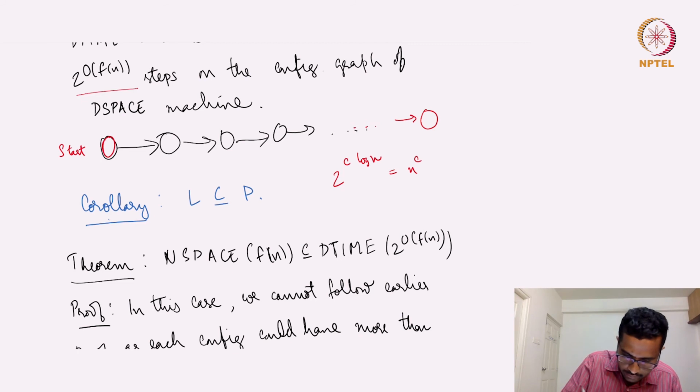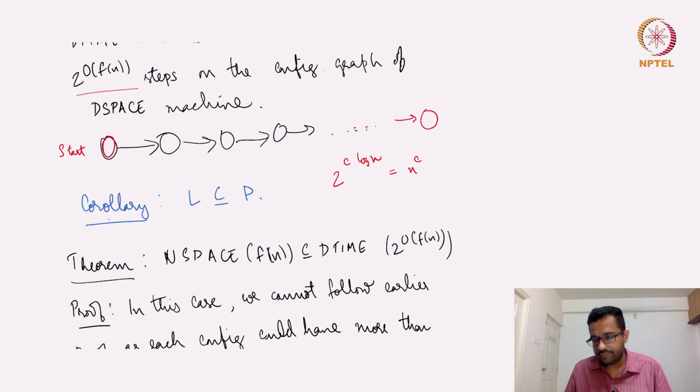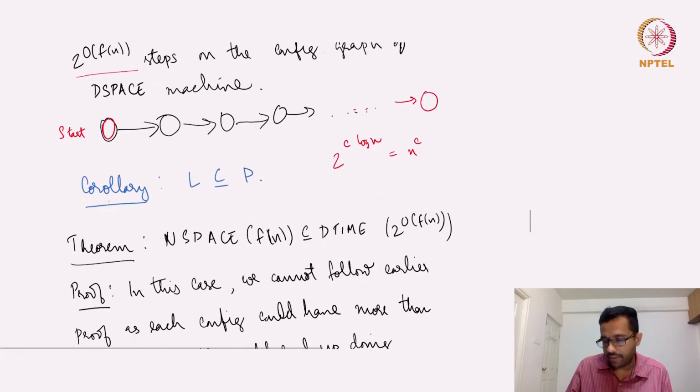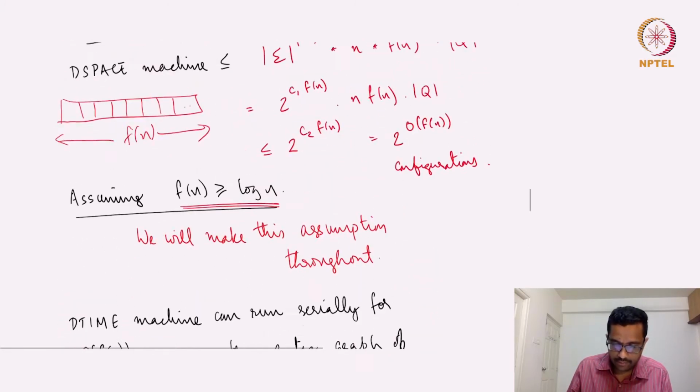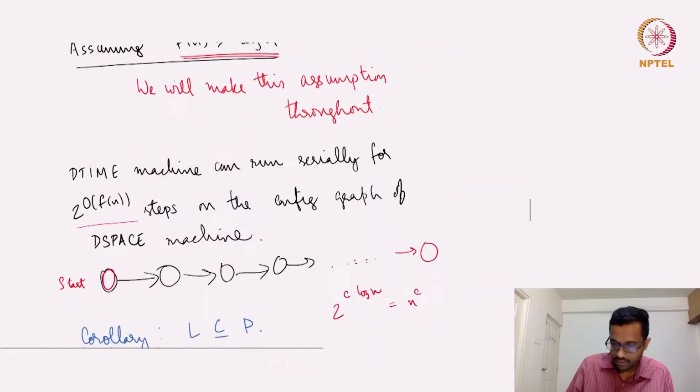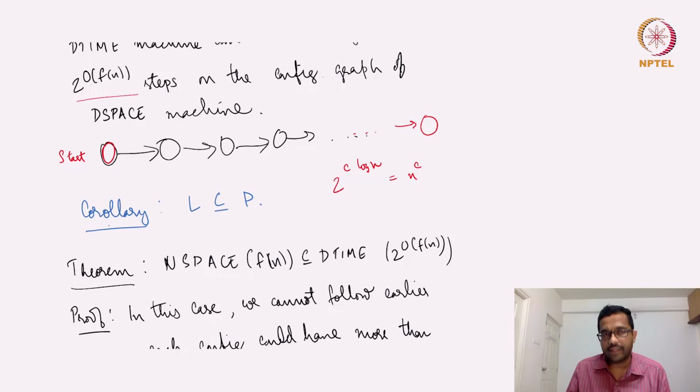So let me just fix my handwriting a bit. DTIME of 2 power order f(n). So this is the same right hand side that we had for DSPACE as well. So it turns out that for NSPACE also the same right hand side suffices.